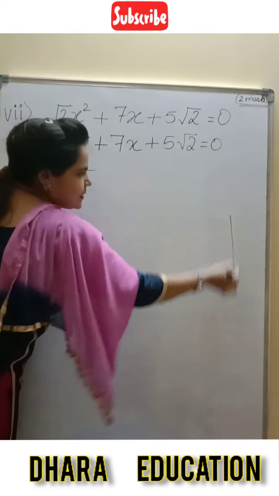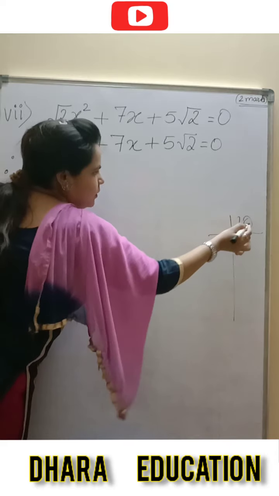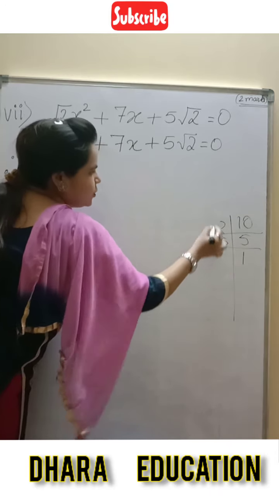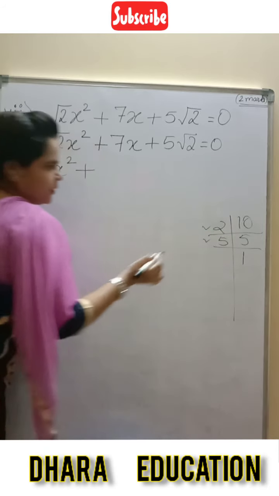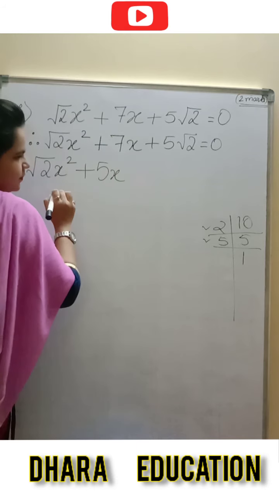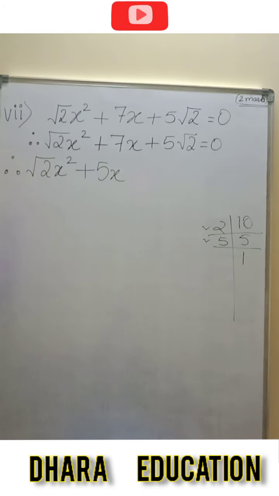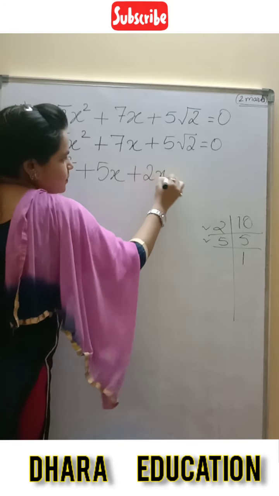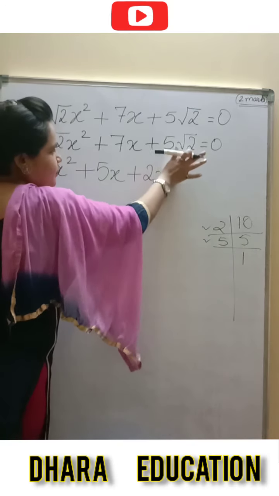As I have shown you the factors of 10, 2 fives and 5 ones, these two things we will take. So plus 5x, plus 2x. We have taken both the things.